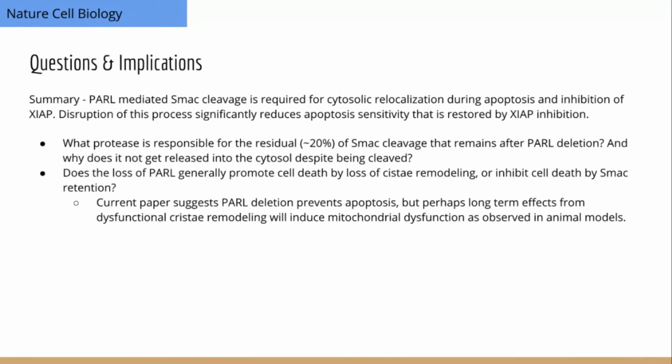We learned that PARL-mediated Smac cleavage is required for cytosolic relocalization of Smac during apoptosis, and it's also required for the inhibition of XIAP. And disruption of this process significantly reduces apoptotic sensitivity. So when PARL is no longer able to cleave Smac, cells are no longer responding to apoptosis. However, this is restored when XIAP inhibition is restored.